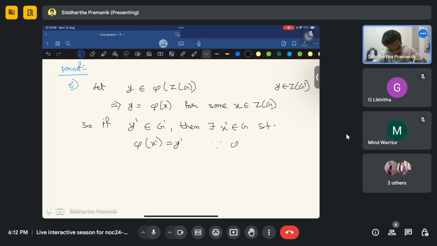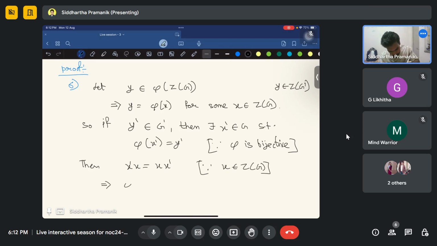This is because phi is bijective, so phi is surjective also. Now x prime x is the same as x x prime, since x belongs to Z(G). So you apply the map on both sides. So phi of x prime x is the same as phi of x x prime.